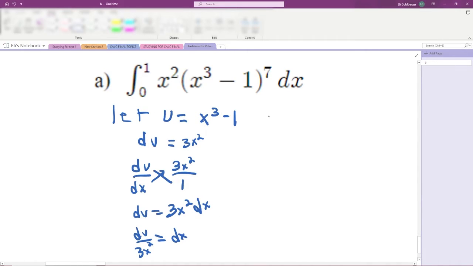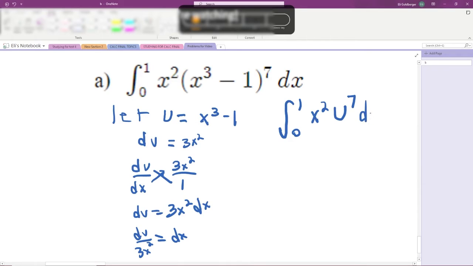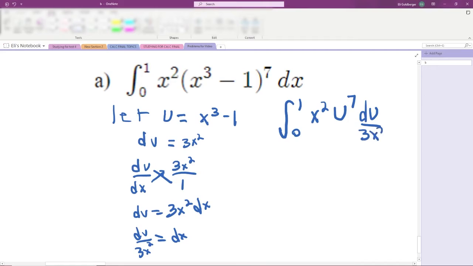So now when we go to rewrite this in terms of u, we'll have from 0 to 1 x squared u to the 7th, dx, no, not dx, my bad, du over 3x squared.